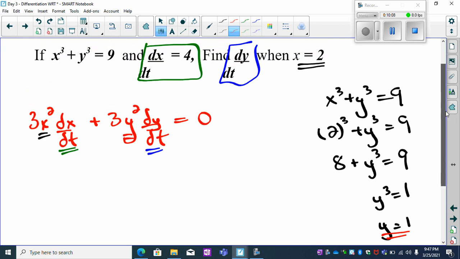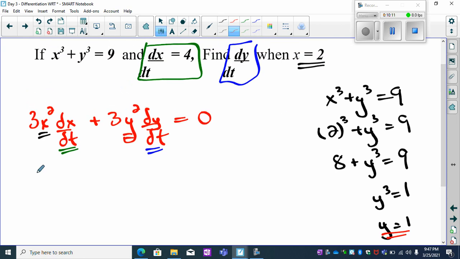So let's see what I have for values. It's going to be 3 times x squared times dx over dt. X we know is 2, plus 3 times y squared. Well, y I just found to be 1.